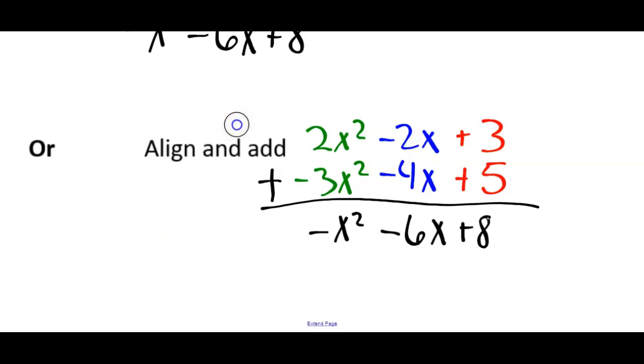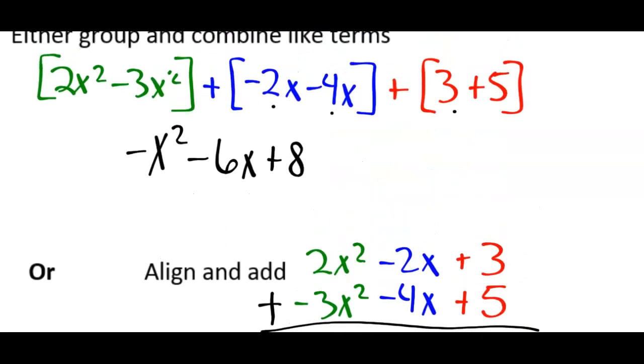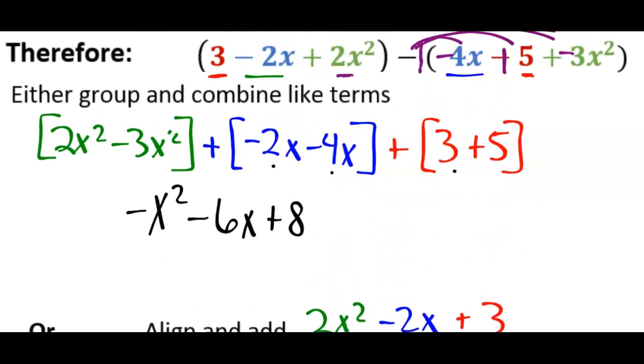Now, if you would have written this down in the order that it was in the original problem, like 3 minus 2x plus 2x squared, and then underneath that, you would align your +5, your 4x underneath your 2x, and your negative 3x squared underneath your 2x squared. If your order was different, that's okay. We just like to have our x squared term first, and then our x, and then our constant, because it puts it into that quadratic form.